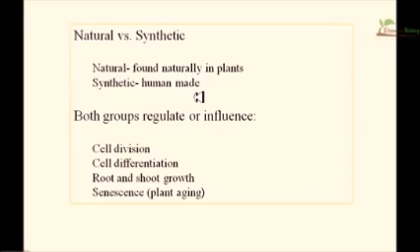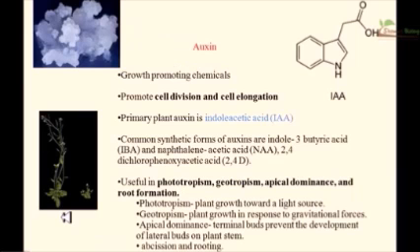Synthetic means those are man-made, like indole acid, 2,4-D, and all these chemically synthetic components which resemble the structure and functionality of the naturally occurring growth regulators. Both groups of regulators regulate or influence cell division, cell differentiation, rooting and shooting of the plant, and senescence, that means the aging and the death of the plant.